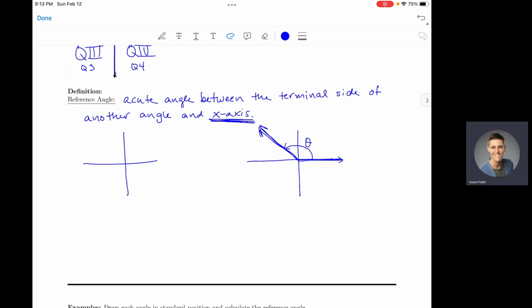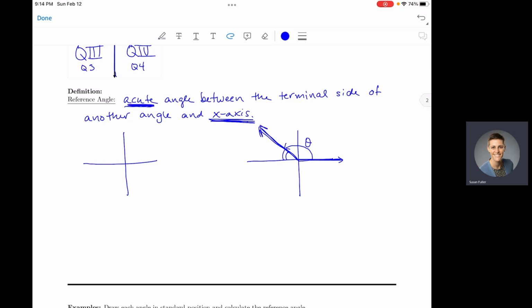So my angle here is this guy in standard position. Now, the reference angle here is going to be the acute angle between the terminal side of this and the x-axis. So where is our reference angle in this picture? Well, it's from the terminal side to the x-axis, and it must be an acute angle.